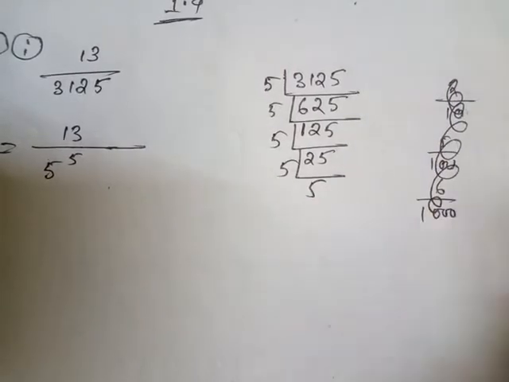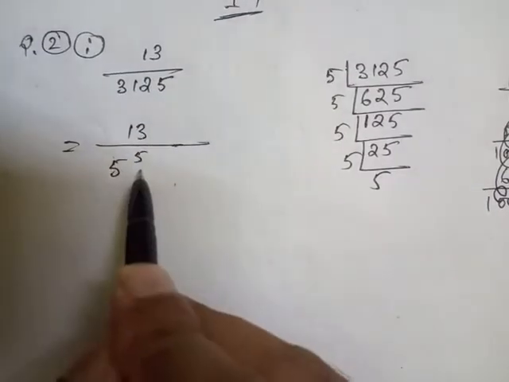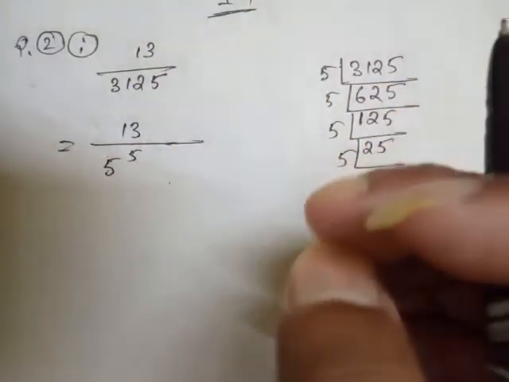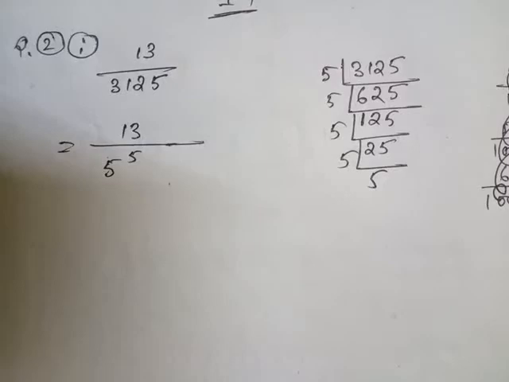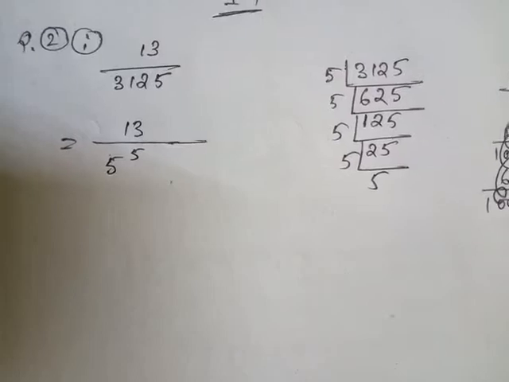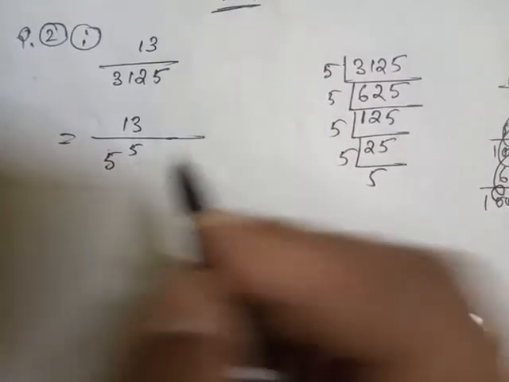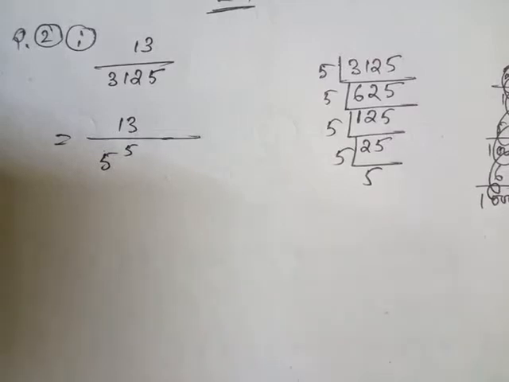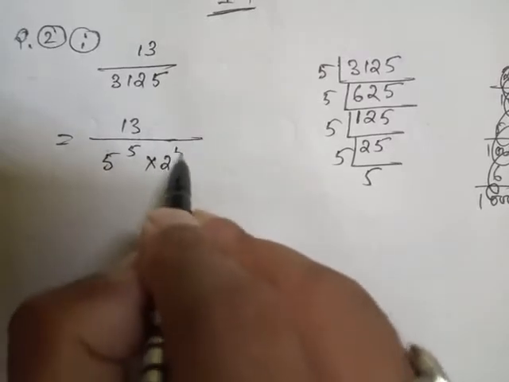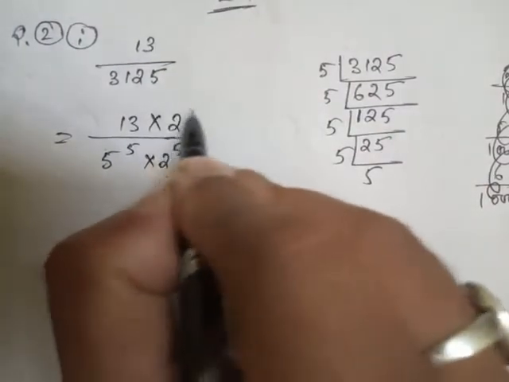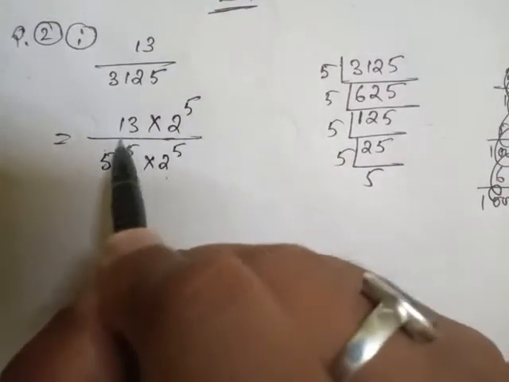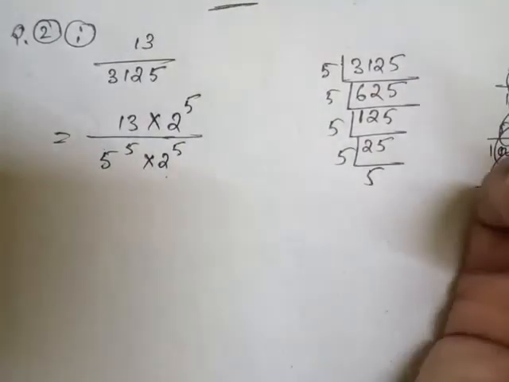So I will try to convert the denominator into 10, 100, 1000, 10,000 like this, because if we go for the long division of 13 by 3125 it will take time. So the easiest way is to convert the denominator into 10, 100 or 1000 like this. So if it is 5 to the power 5, I write here 2 to the power 5, and multiply the same with the numerator and the denominator. I repeat again, this is the same as multiplying and dividing by the same number.